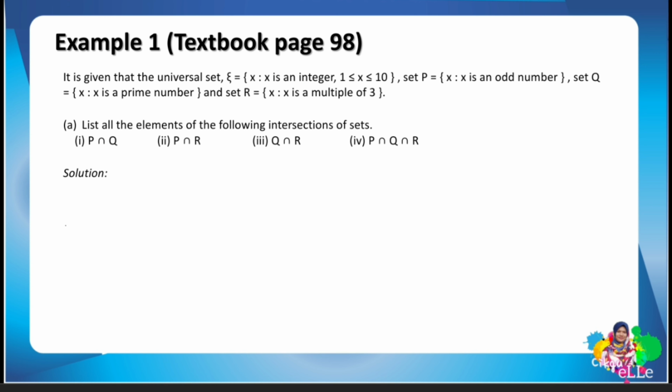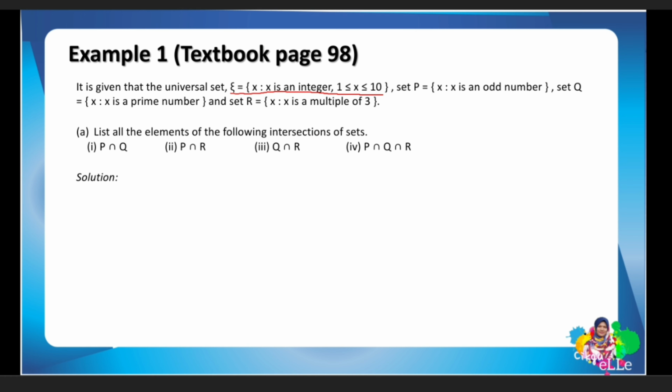Before you identify P intersection Q, you have to write all the elements in the universal set first. The elements of the universal set are 1, 2, 3, 4 until 10. Next, you list the elements of P. The elements of P are the odd numbers in the universal set.